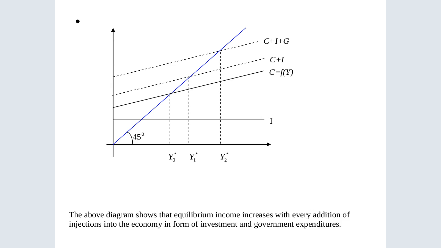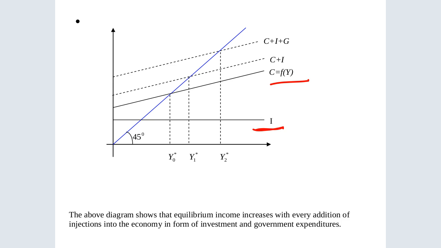So we have investments, which is fixed. We have consumption, which is a function of income. If you add investment to the consumption, the consumption curve will simply shift upwards.